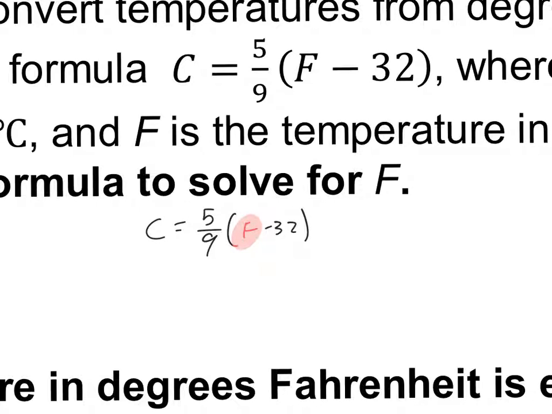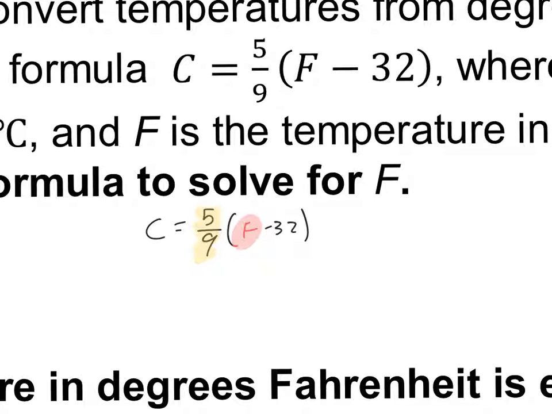Well, in order to do that, basically, I need to work from the outside in. I need to try and attack this problem from the outside. So outside here, then a little bit less outside, and then finally get F all by itself. So the farthest thing outside I see is this 5/9. And so I'm going to try to attack that 5/9.